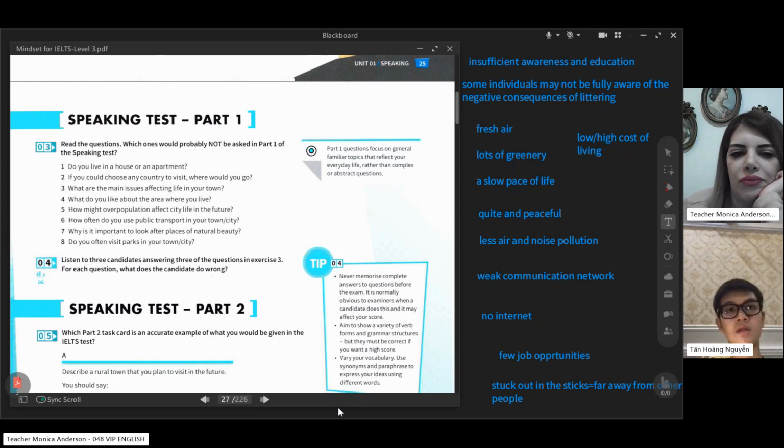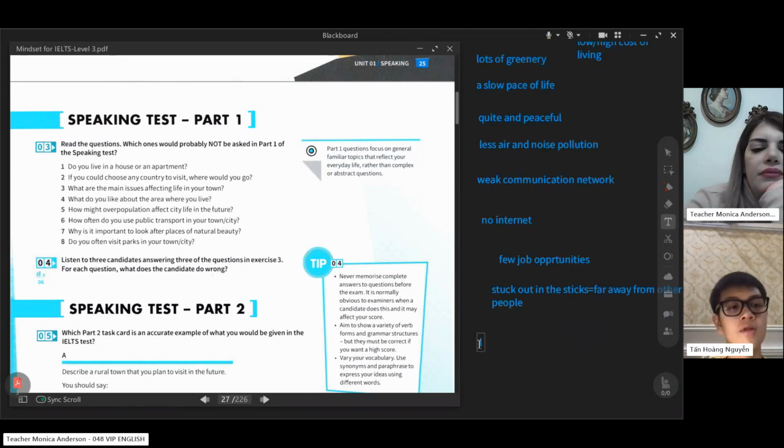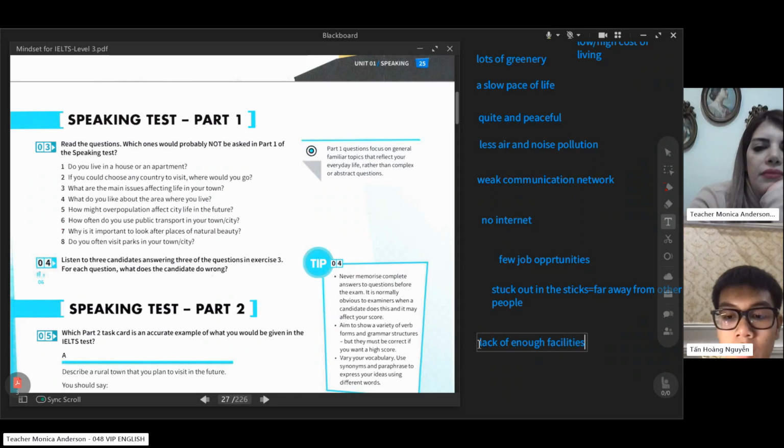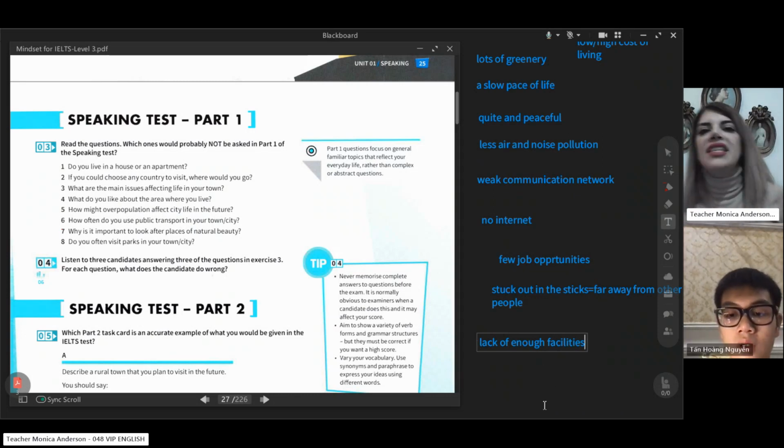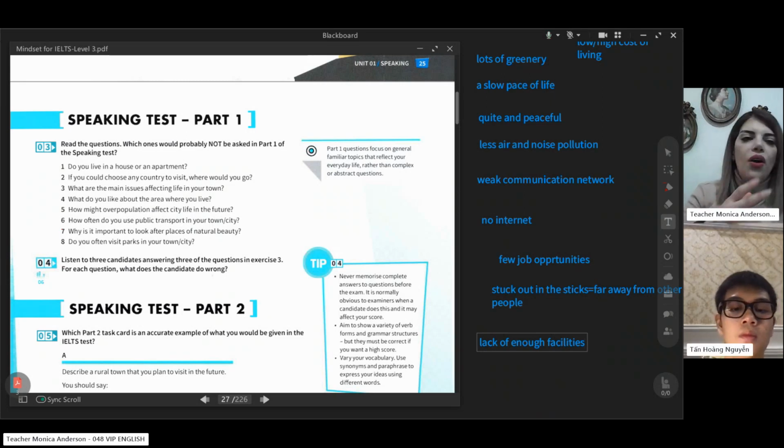And of course the facilities will go down and the lifestyle will be worse than now. The lack of enough facilities makes people move to other places.